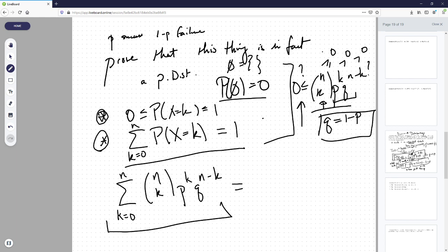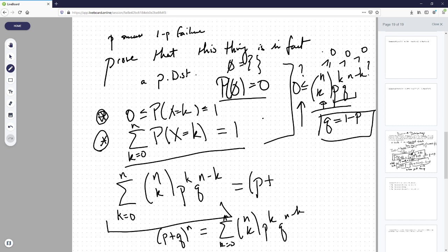If you remember the binomial theorem, it says that p plus q to the n is equal to the sum from k equals 0 to n of n choose k, p to the k, q to the n minus k. Oh wait, that is exactly this formula. So the binomial distribution basically tells us exactly what we're doing here. So we say p plus q to the nth power.